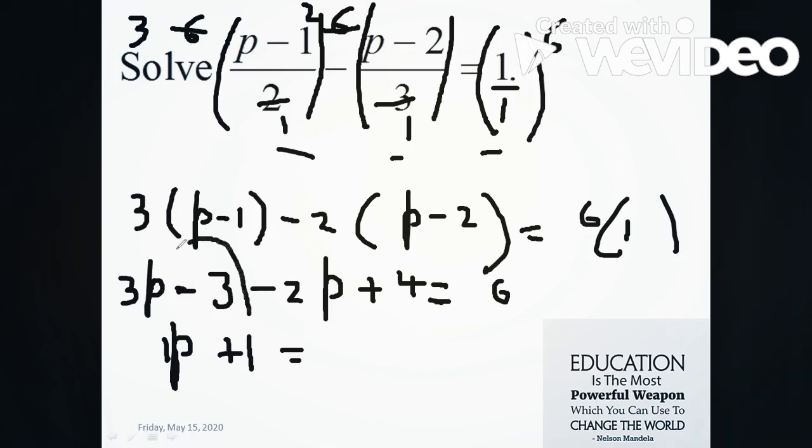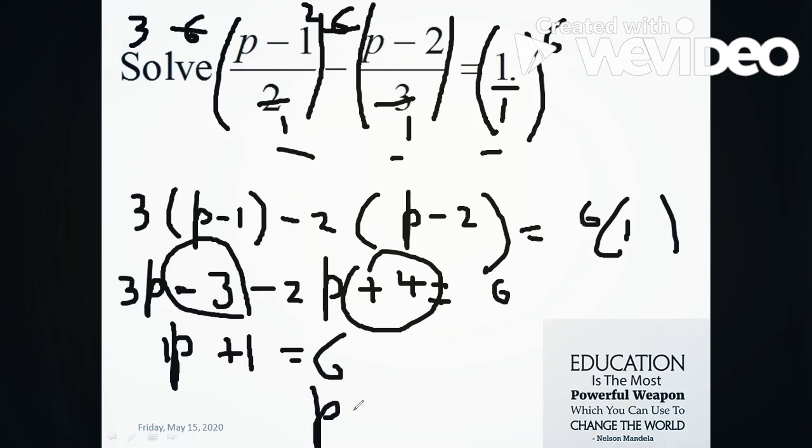So we have negative 3 and positive 4. You owe Mr. Brown $3, you go shopping with $4, pay off your debt, and you have that dollar change. And we have 6. All right, I'm going to subtract 1 from both sides here, so p is equal to 5.